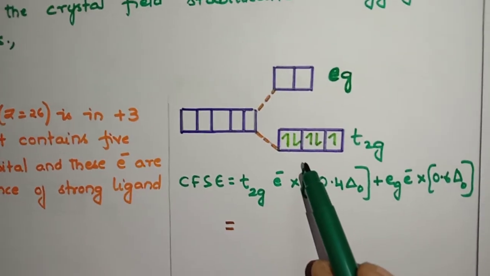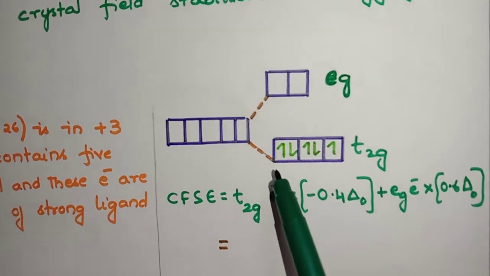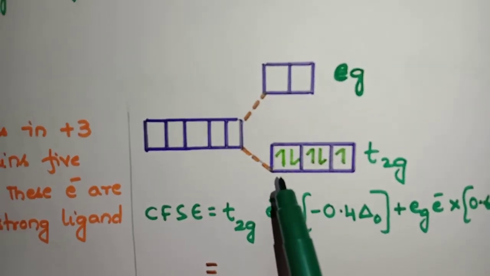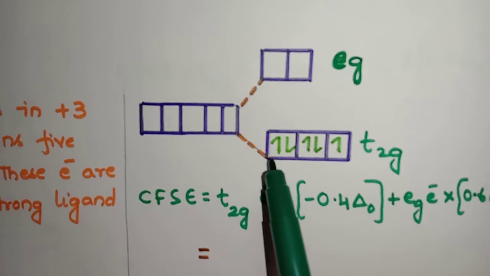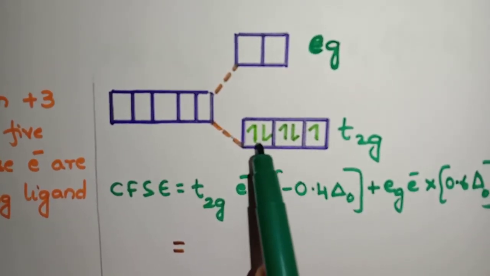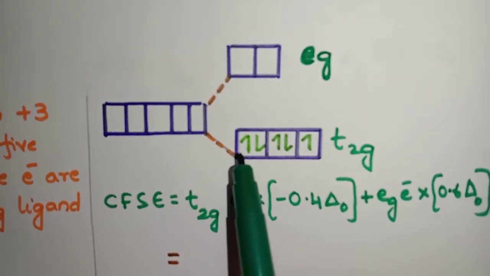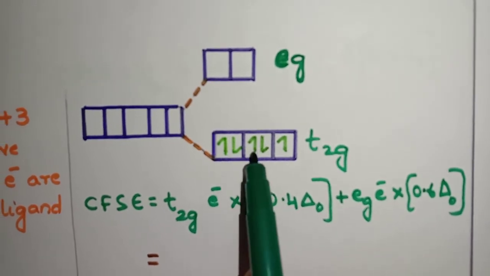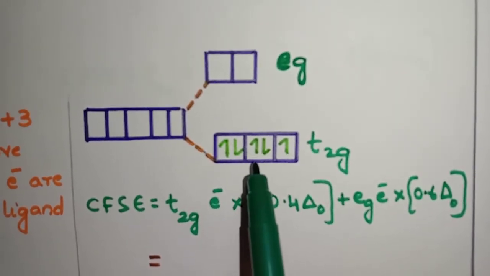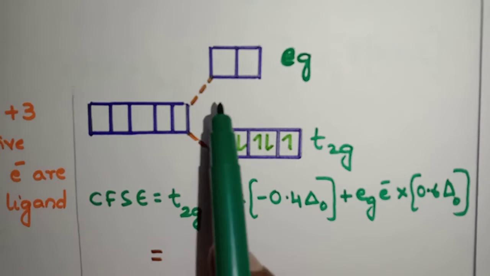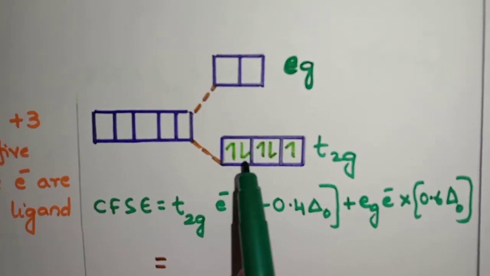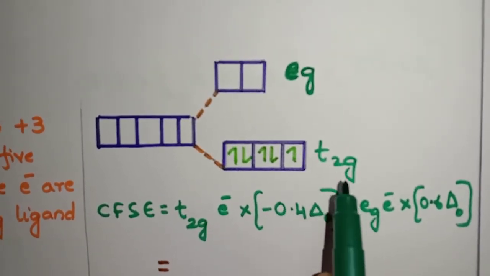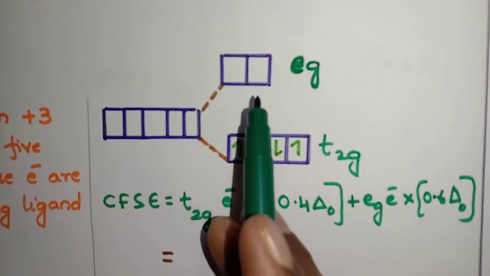There are 5 electrons, and in the presence of a strong ligand they are distributed in the t2g orbitals like this: 1, 2, 3, 4, 5. As it is a strong ligand, the electrons don't go into eg. Only once all the t2g orbitals are filled do they go into eg.